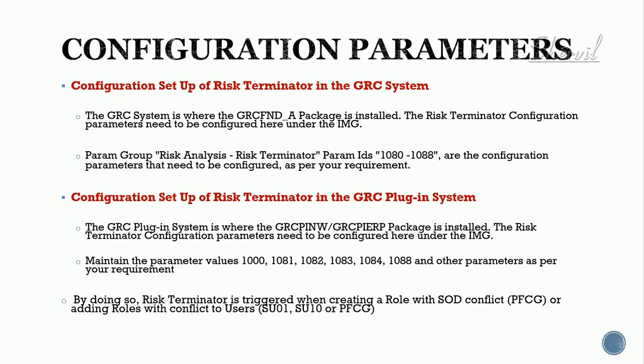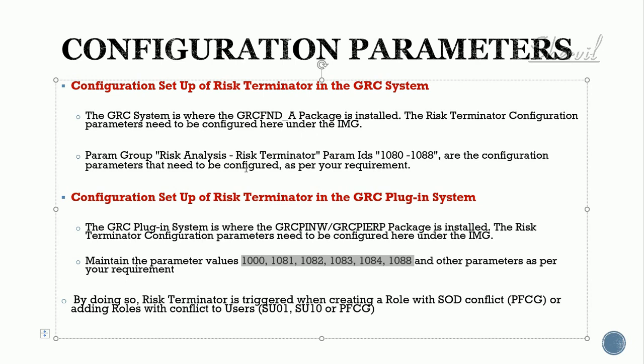To do that, there are some configuration parameters that need to be set up in both the GRC system as well as the plugin system. Those parameter values begin with 1000. These are the parameters 1000, 1081, 82, 83, 84, and 88.